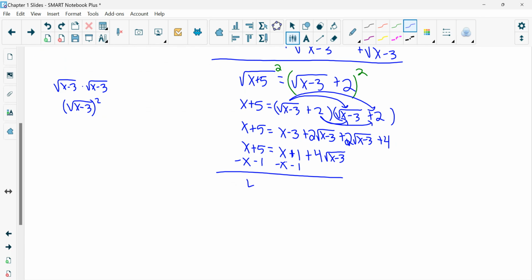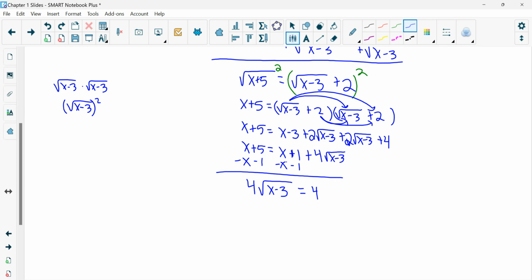And so on one side, I'd have 4 root x minus 3. And on the other side, x minus x cancels out. 5 minus 1 is 4. Now, is that square root isolated yet? Is that the only thing on the left side, or is there something else outside of that?